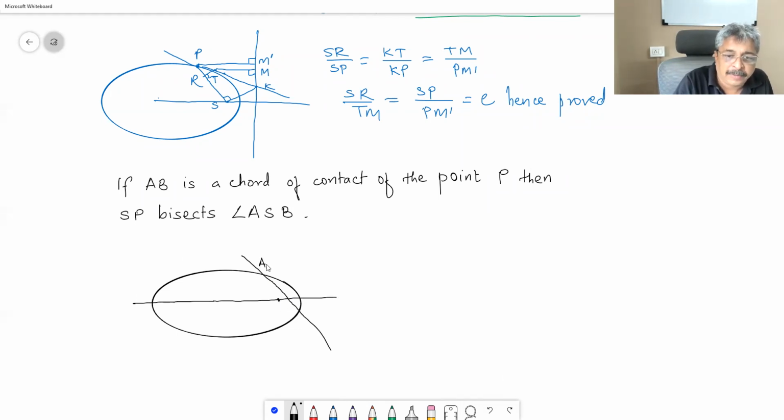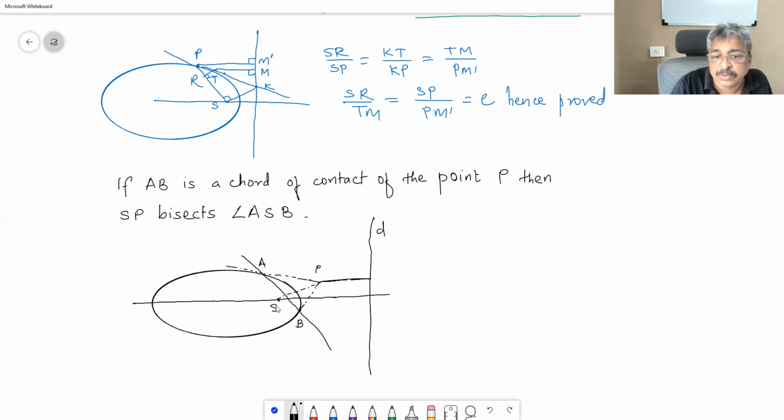This is A, this is B, and if I draw the tangent at B and the tangent at A, they intersect at P, and PS upon PM is less than 1. So my directrix will go and stand here. This is the directrix, this is point P, this is A, this is B, this is S.